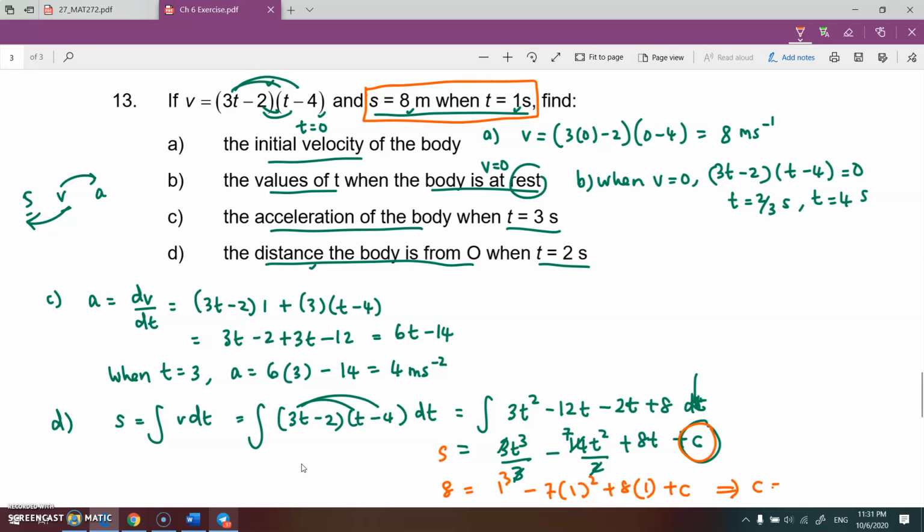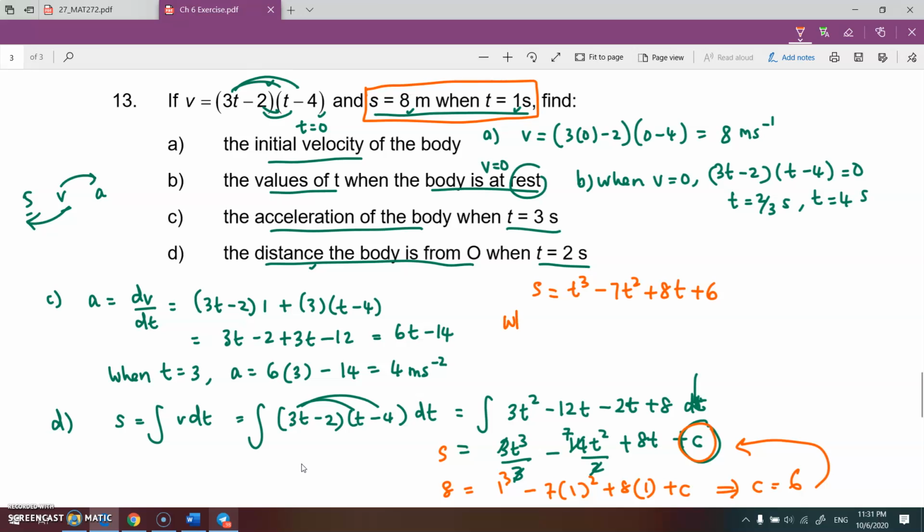So c here is equal to 8 minus 1 plus 7 minus 8. So c is equal to 6. Then we substitute back here. So s is equal to t cubed minus 7t squared plus 8t plus 6.